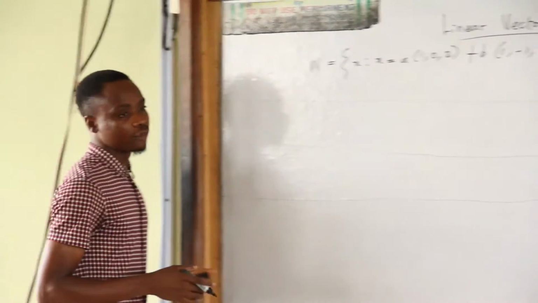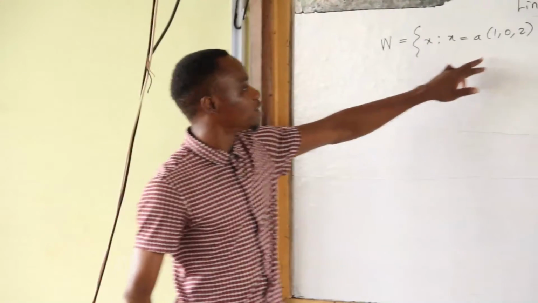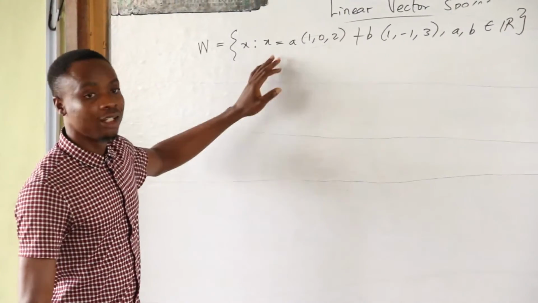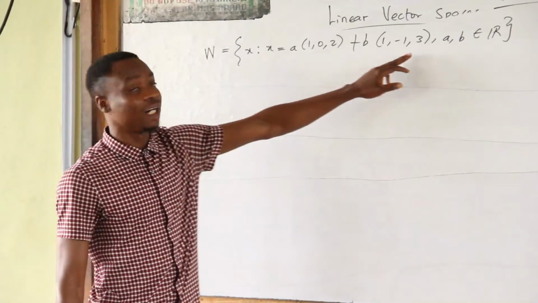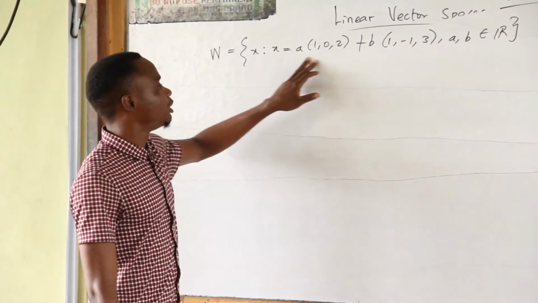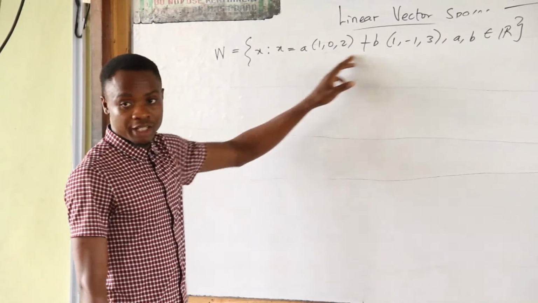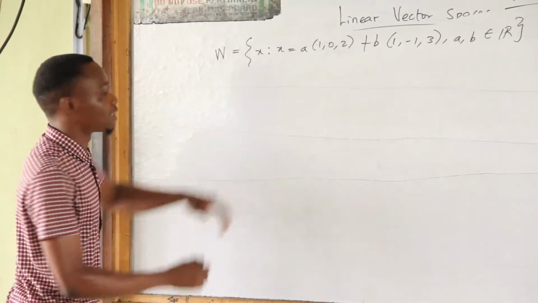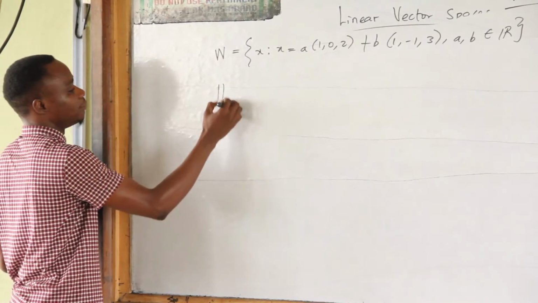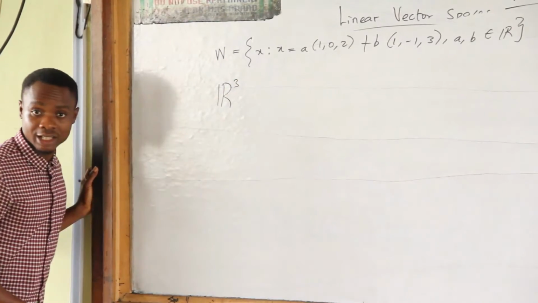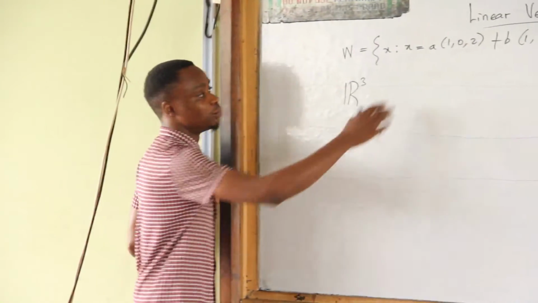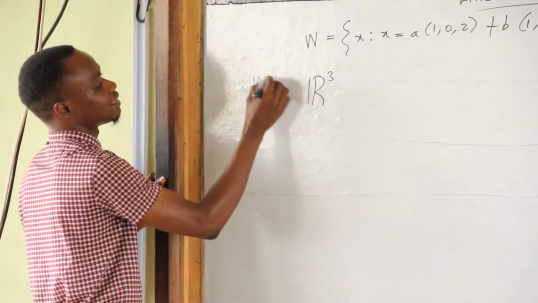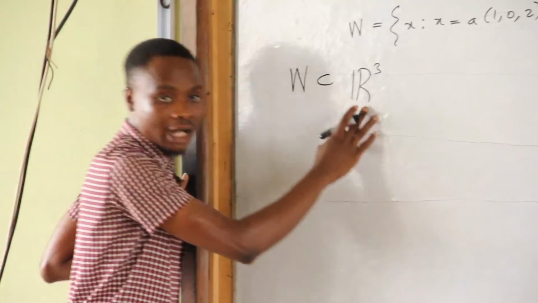Obviously, listen now, when you put these together, you are going to have a three-dimensional number. Do you understand what I just said? So any element of this set is definitely going to be an element of R3. It is obvious that W is a subset of R3.